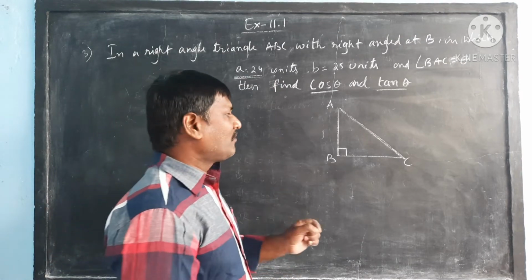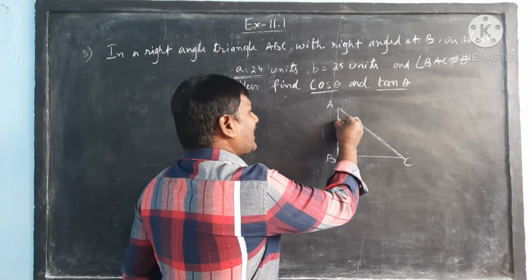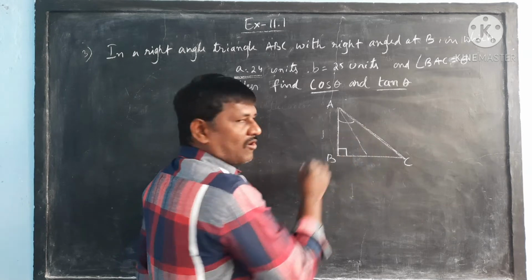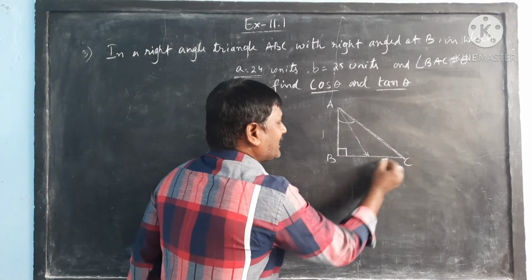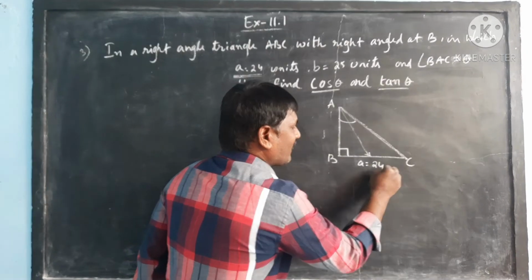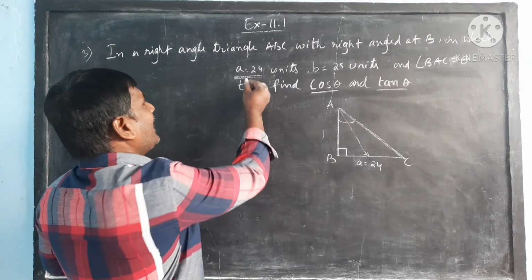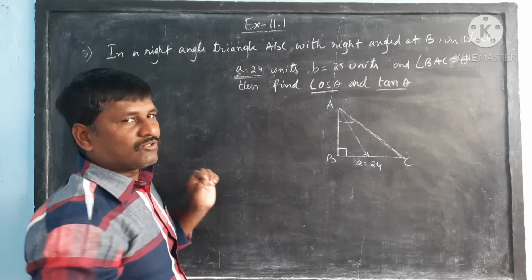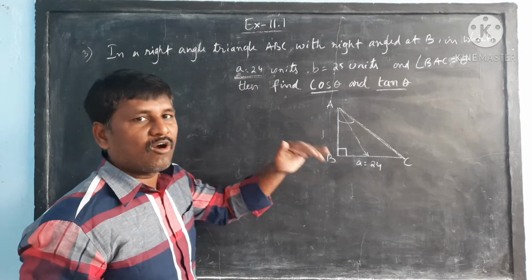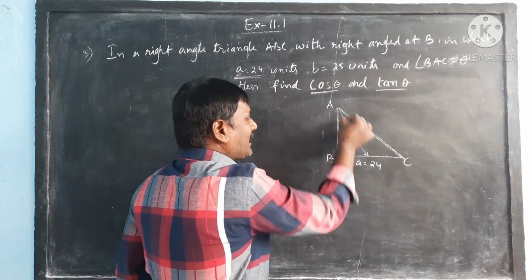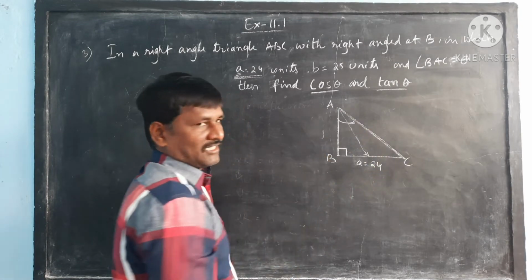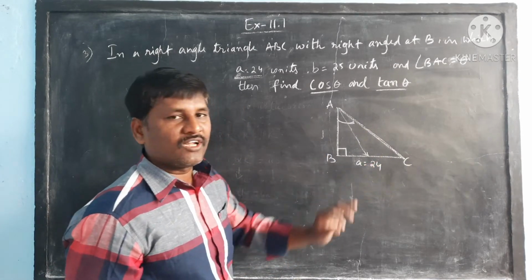Whenever the length of side small a is given, you have to choose the side opposite to capital A. So the side opposite to vertex A is BC. You can write BC is equal to 24 units.